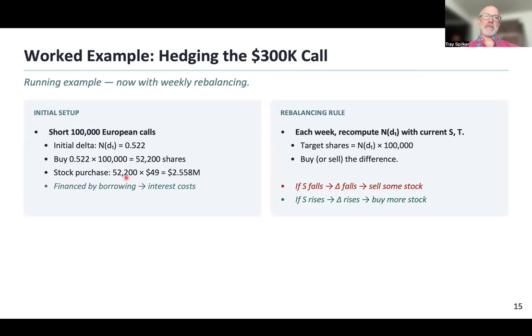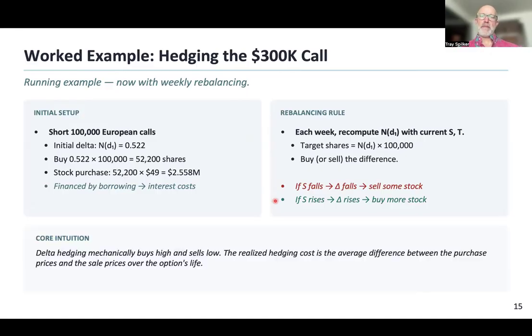Remember, our initial setup was to buy 52,200 shares. So quickly, the strategy is if the share price falls, that means delta is going to fall. We can sell some of the stock. If the share price rises, well, delta is going to rise because, right, it's more probability of being in the money. So we want to buy more stock to hedge that position.